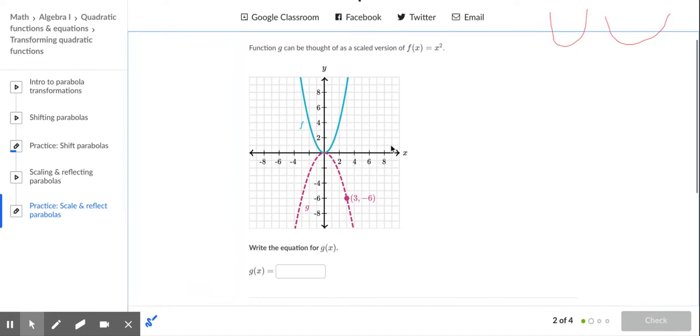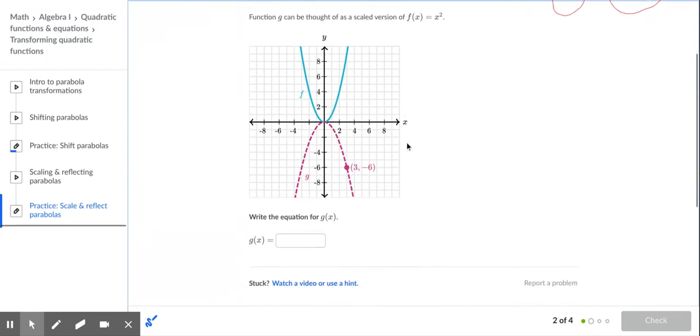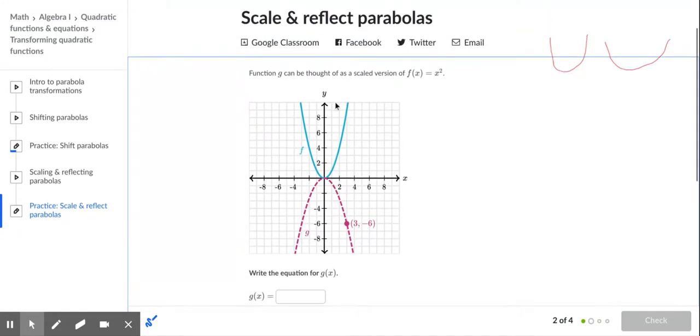If I'm reflecting, so this is reflected. They're saying it can be thought of as scaled because it is still multiplying, but I would think of this as a reflection.